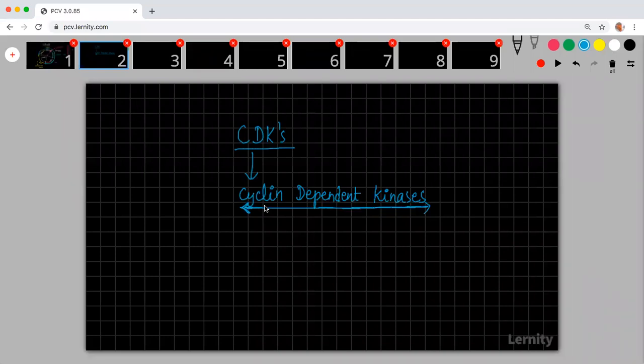Now let us try to understand this G1 checkpoint.